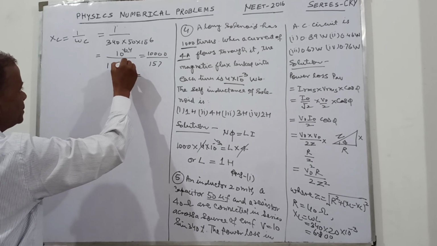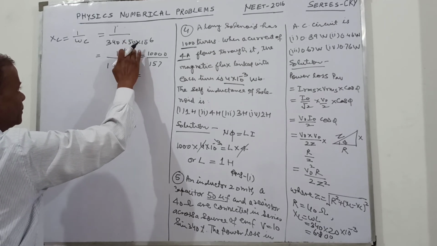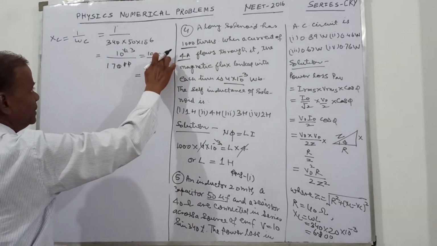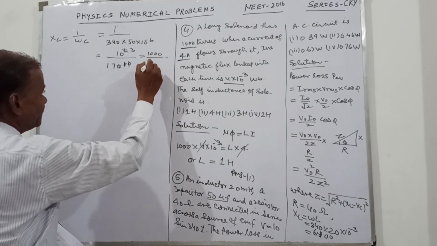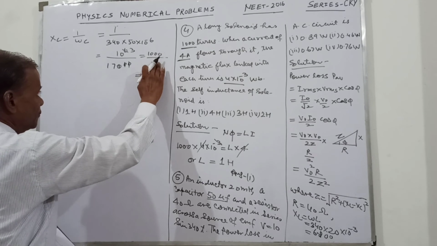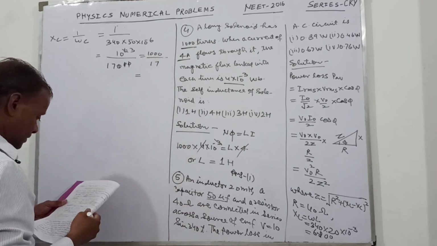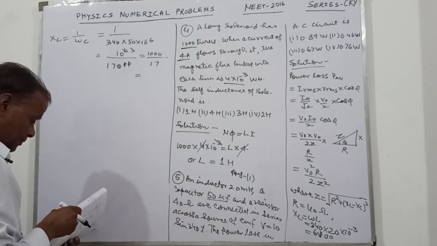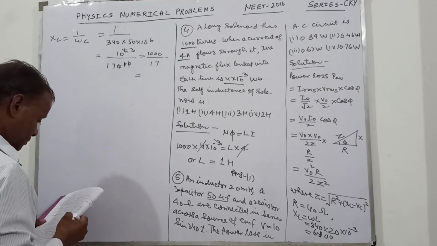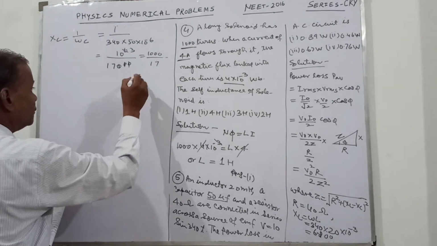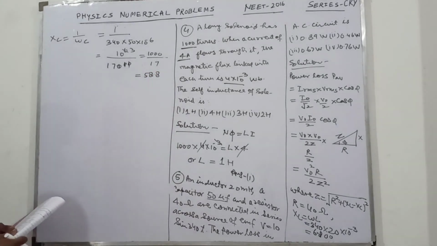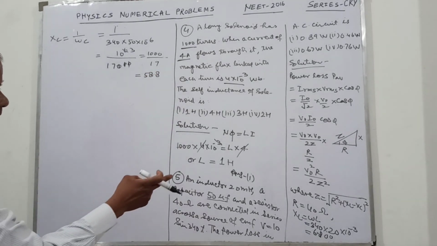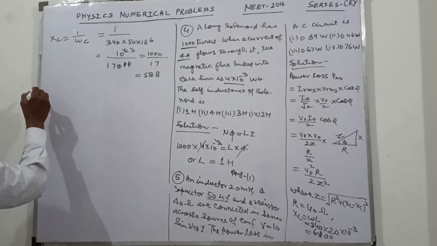So this will cancel. If you calculate, this you will get 58.8. This is so much, and now you are given, then find the value of Z.